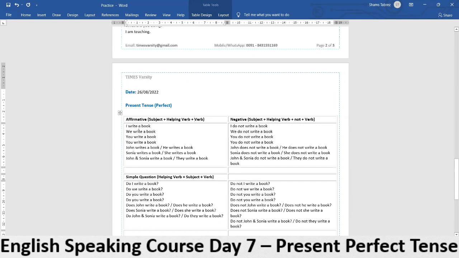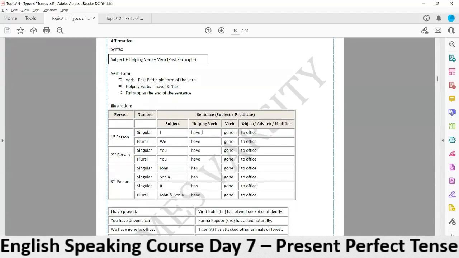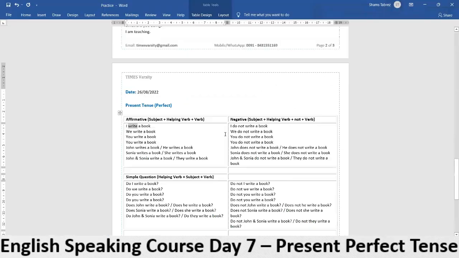Then if I use a verb and I want to make the same sentence in the present perfect tense, please tell me how to make this by using the verb write. In the earlier example, we used the verb gone, which is the third form of go. Now we are using the verb write.